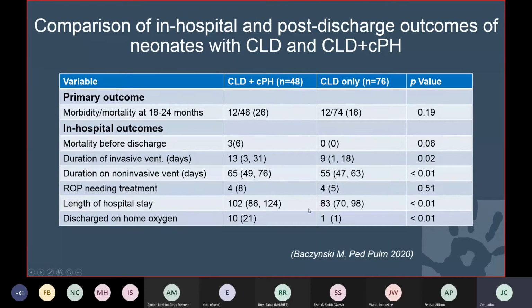The p-values for mortality before discharge, duration of invasive ventilator days, non-invasive vent days, length of hospital stay, and percent of patients being discharged on home oxygen are all very significant if pH is an ongoing diagnosis beyond the 36 weeks post-menstrual age.